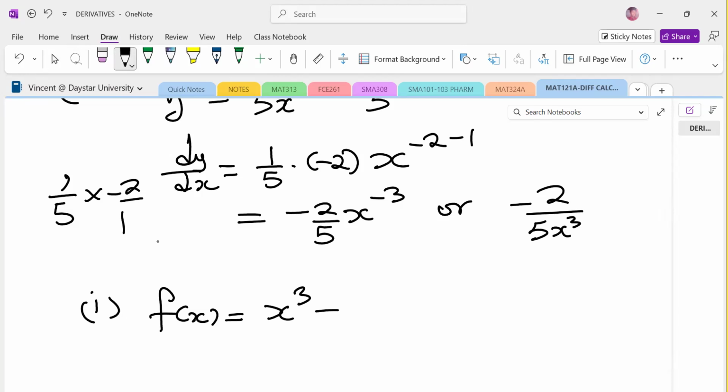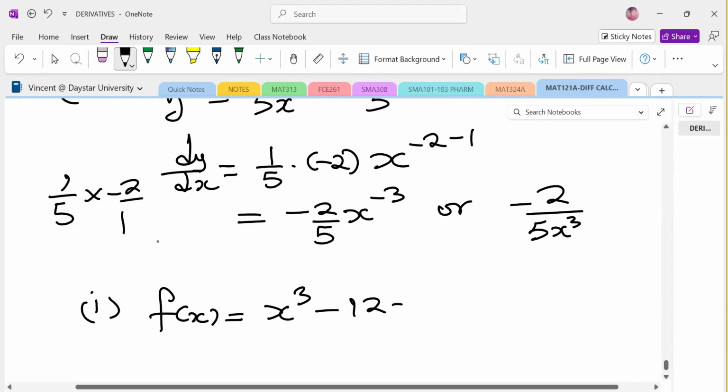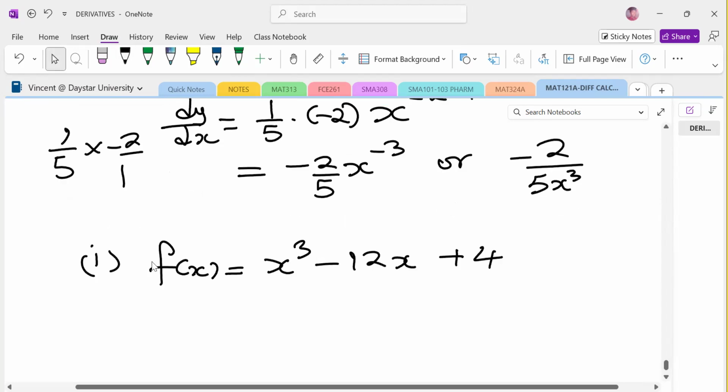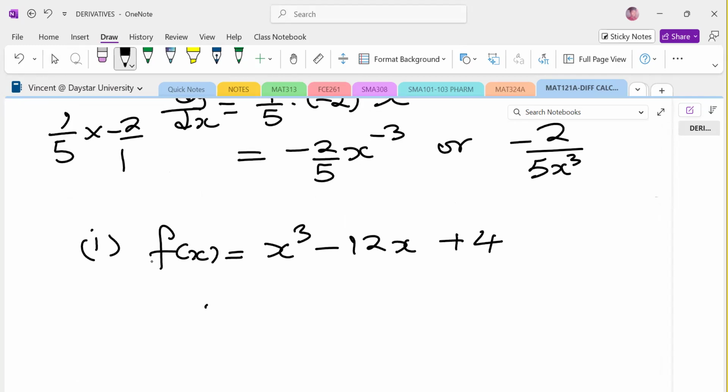So this is minus 12x plus 4. Can you find the derivative of this function?